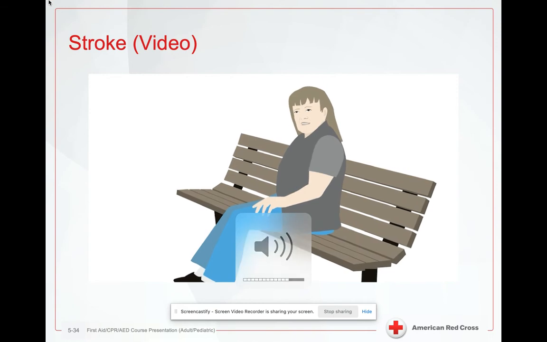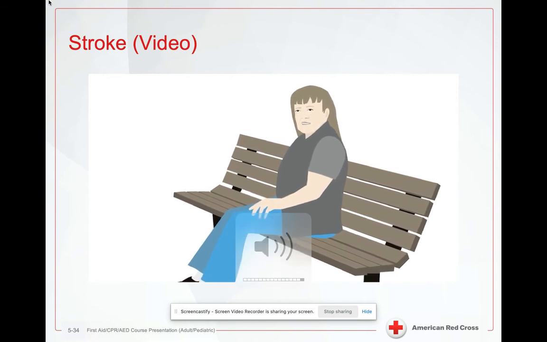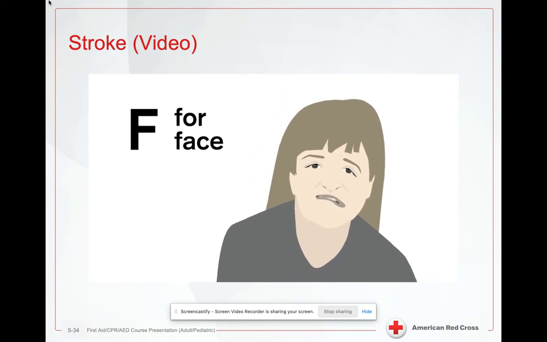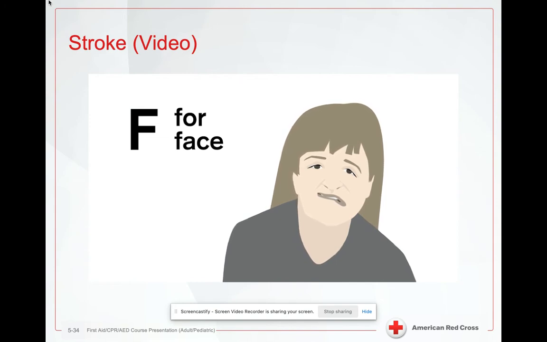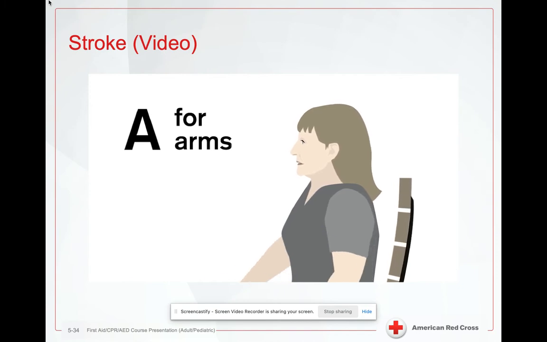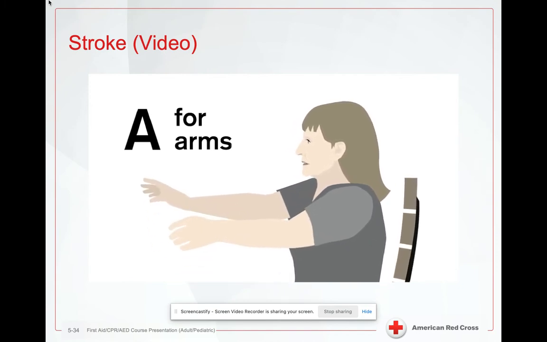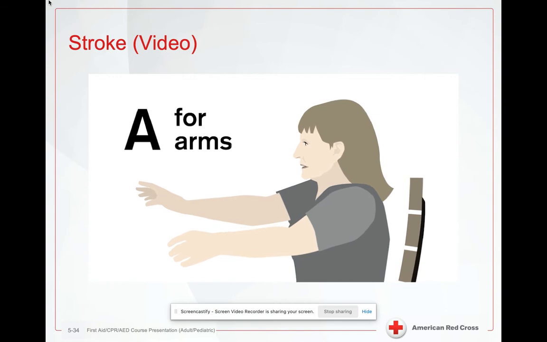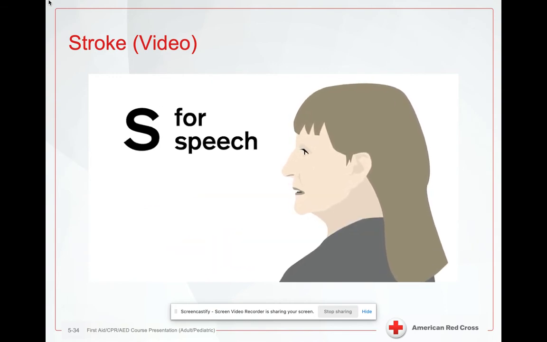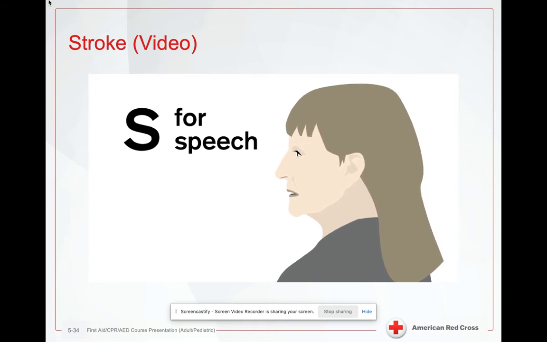If you think someone might be having a stroke, conduct a FAST check. F stands for face. Ask the person to smile. Does the person's face look uneven, or is there drooping or weakness on one side? A is for arms. Ask the person to raise both arms in front. Does one arm drift downward or appear to be weak? S means speech. Ask the person to repeat a simple sentence, such as, "The sky is blue."